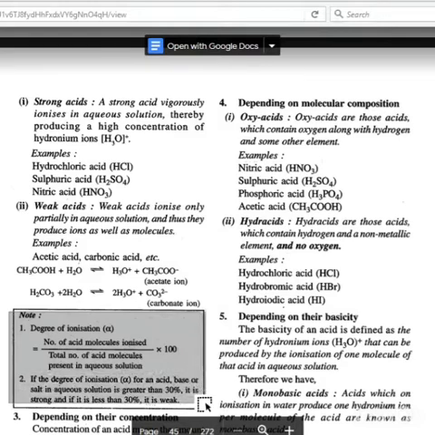If the degree is greater than 30%, then it is a stronger acid, and if it is lesser than 30%, then it is a weaker acid. Based on that formula, if the degree is more than 30%, it is categorized under the stronger acid, and if it is lesser than 30%, then it will be a weaker acid.